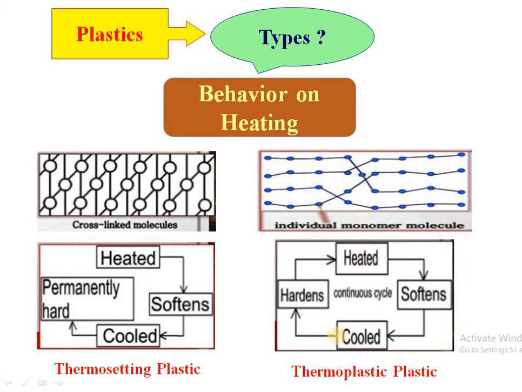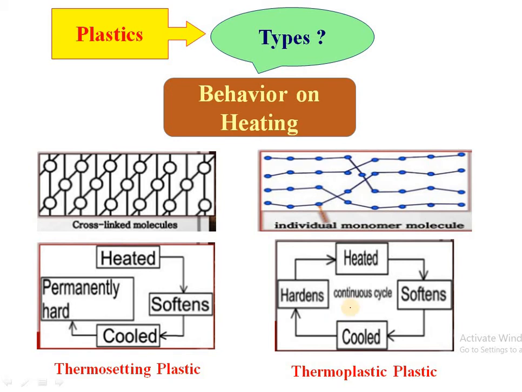Here you can see the cycle is a closed loop. When heated it gets softened, and when cooled it becomes hard. Again when it is heated it becomes soft. So you can imagine there is a continuous cycle. It means you can reuse this plastic. The applications of this are toys, photographic films, tapes, etc.